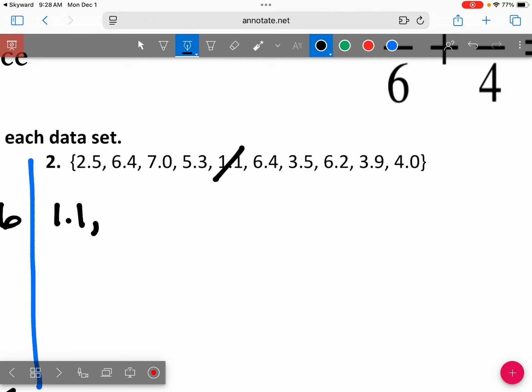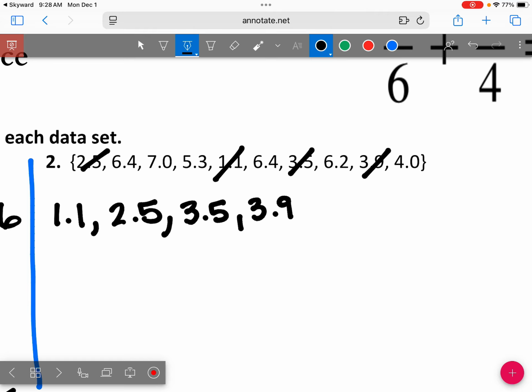After 1.1 is 2.5. After 2.5 is what? What's the next number? 3.5. After 3.5, I see a 3.9. All right, what comes after 3.9? 4.0. Okay, any more 4s?